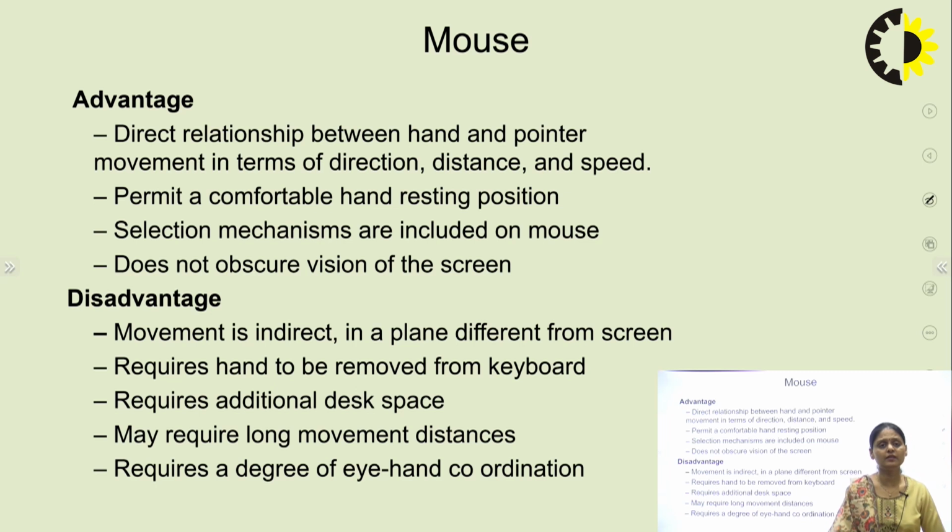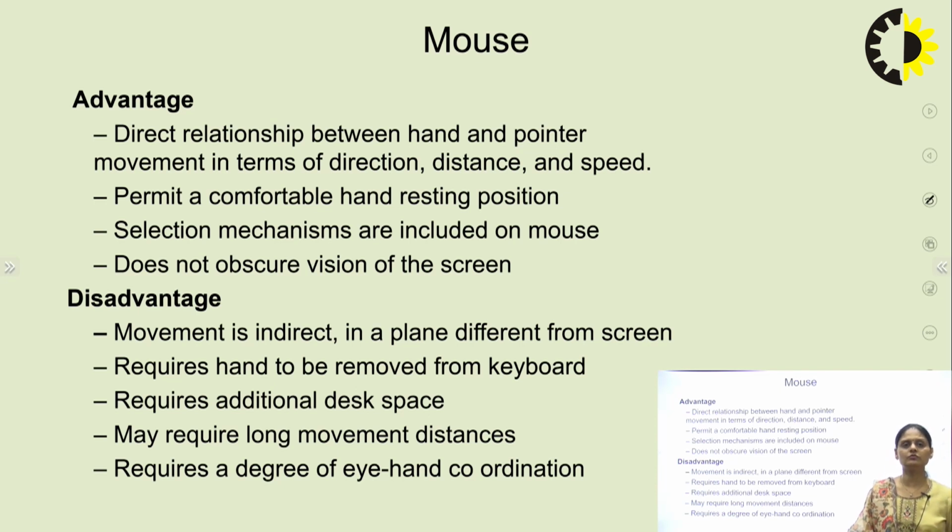But again, with the advantages, we have certain disadvantages also. So let's see. The movement is indirect, in a plane different from the screen many times. It requires the hand to be removed again from the keyboard, because there are people who love typing very much, and they know the shortcut keys and they get their work done.